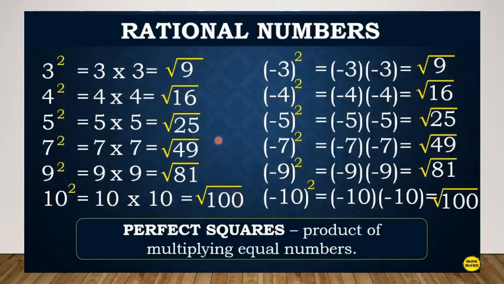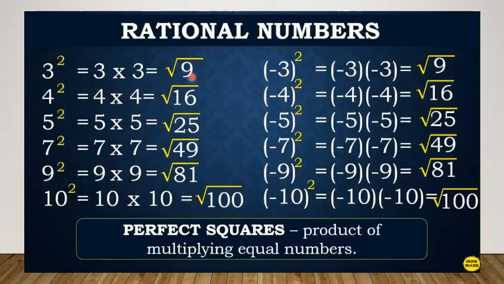And, so, kung mapapansin nyo, nung nakuha natin yung square root nila, ang lalabas ay positive 3 or negative 3, right? So, that's why it is called rational numbers. Perfect square numbers are considered rational numbers. Why?